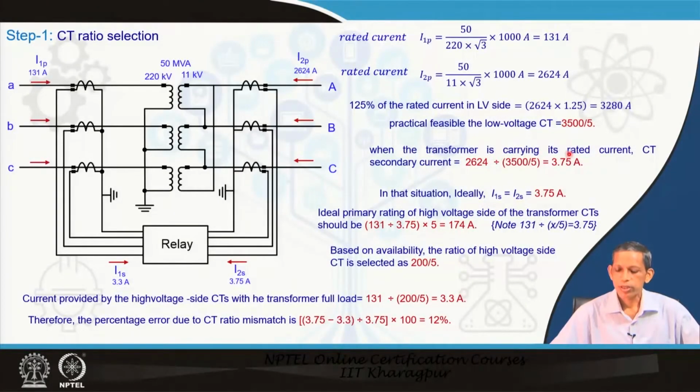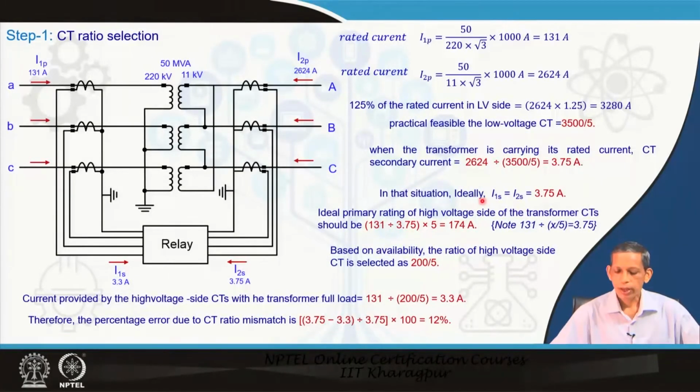Now, when this transformer is carrying its rated current, the full load current, the CT secondary current equals the full load current divided by the CT ratio, that becomes 3.75 ampere. So, this is 3.75 ampere when this amount of current is flowing in the CT, with the CT finalized as 3500:5.